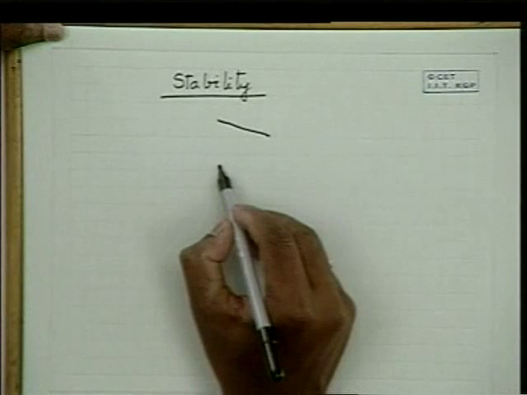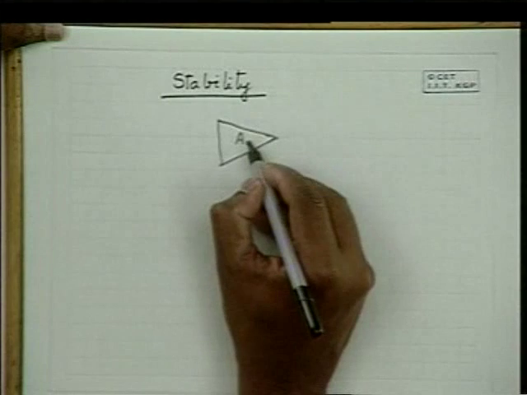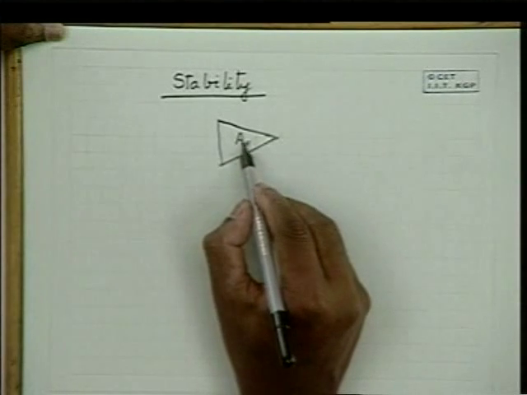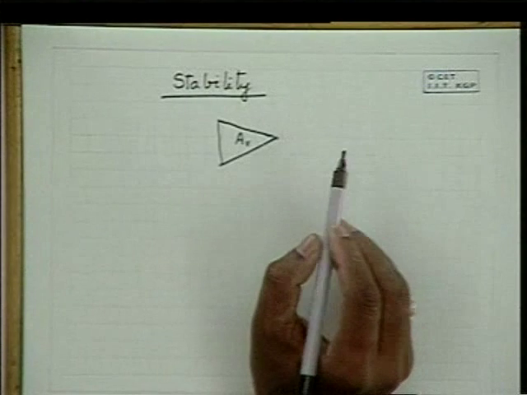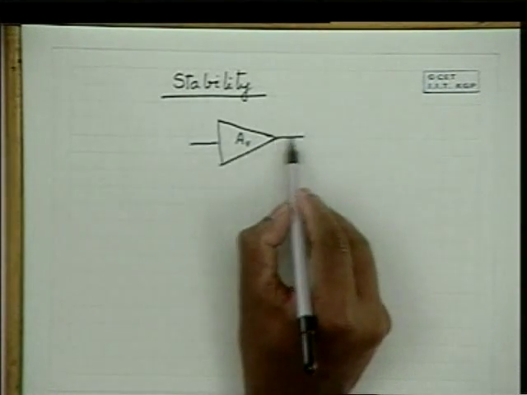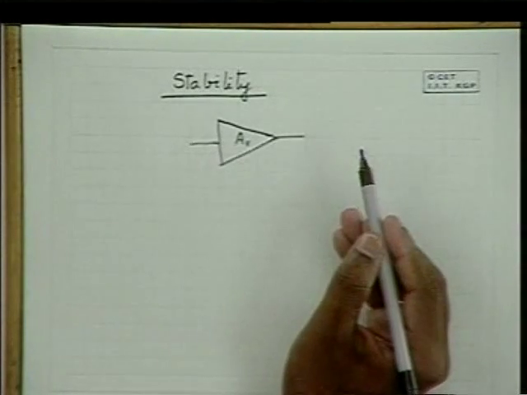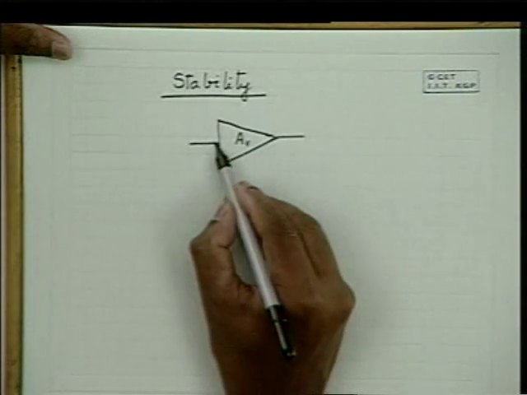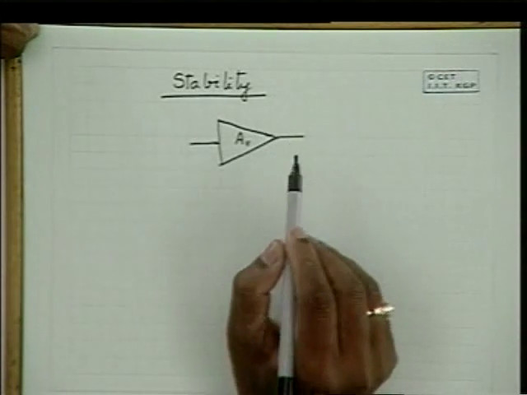If we have an amplifier and the amplifier has parameters like the voltage gain, input impedance and output impedance and so on, say this parameter, the voltage gain, varies for some reason, due to either temperature variation or by replacing a transistor amplifier by another amplifier. So the amplifier characteristics change, namely the gain changes in this particular example. Now with feedback, the effect of the changes is very small.